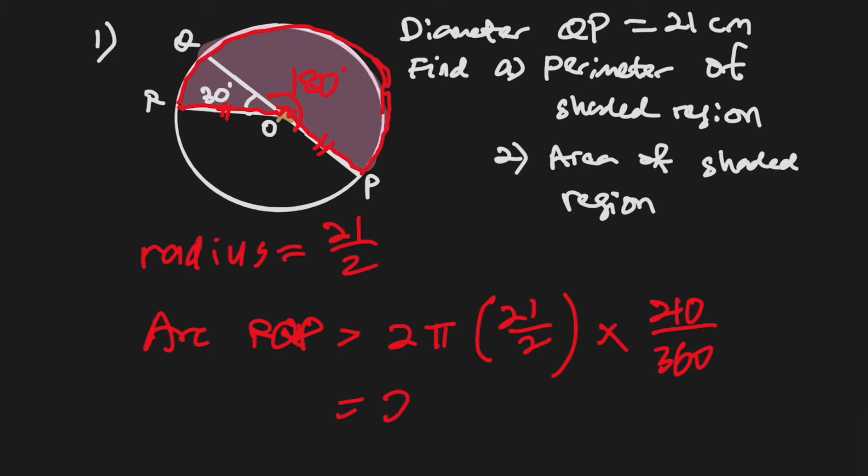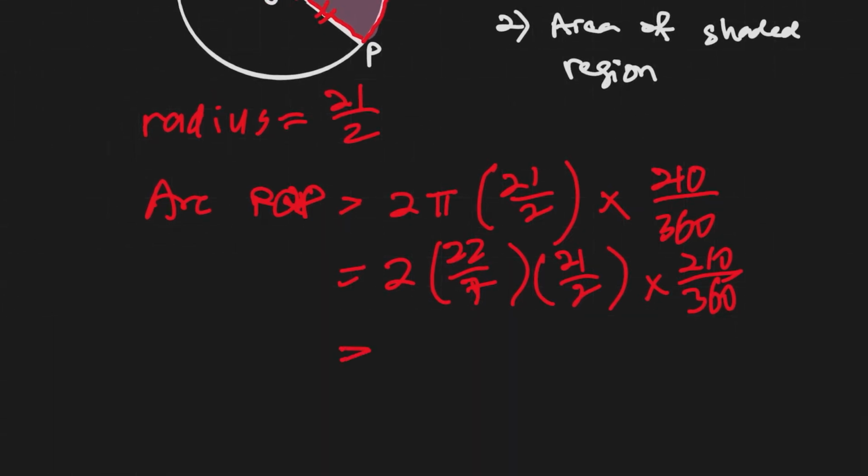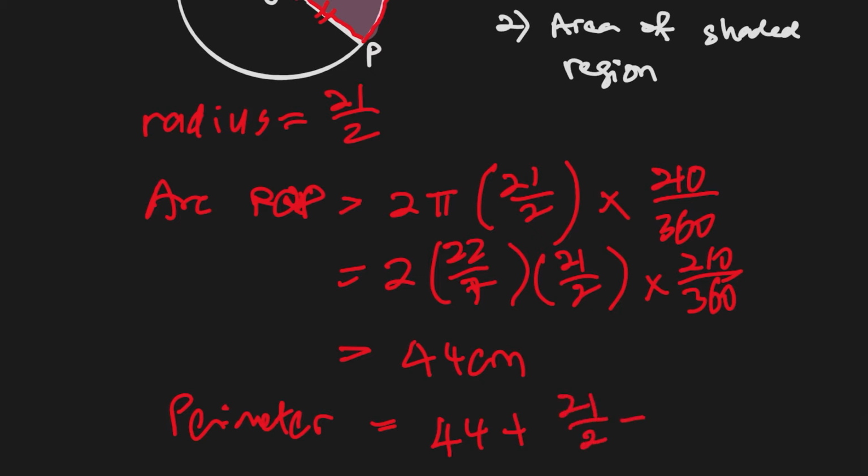If you change this pi to 22 over 7, that will give you 44 centimeters. So we are done with the arc, so therefore the perimeter of the shaded region will be the arc add on with the two radius, which is 21 over 2 plus 21 over 2, and that gives you 65 cm. So there you go, the first question.